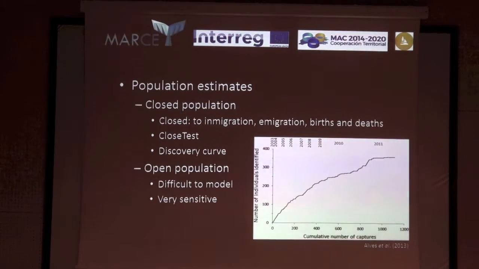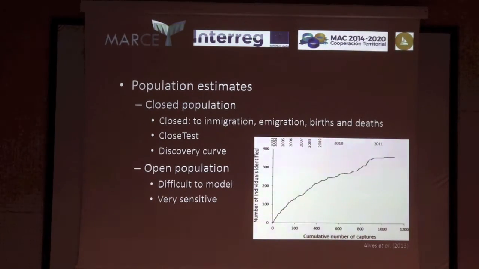There you just have the cumulative number of individuals identified against the cumulative number of captures. Once you actually reach a plateau, then you're not finding new individuals in your population, and this is when you know that you've identified most of your animals. Of course, on the very long term, it will always keep on increasing because you always have, hopefully, new individuals that come into your population.